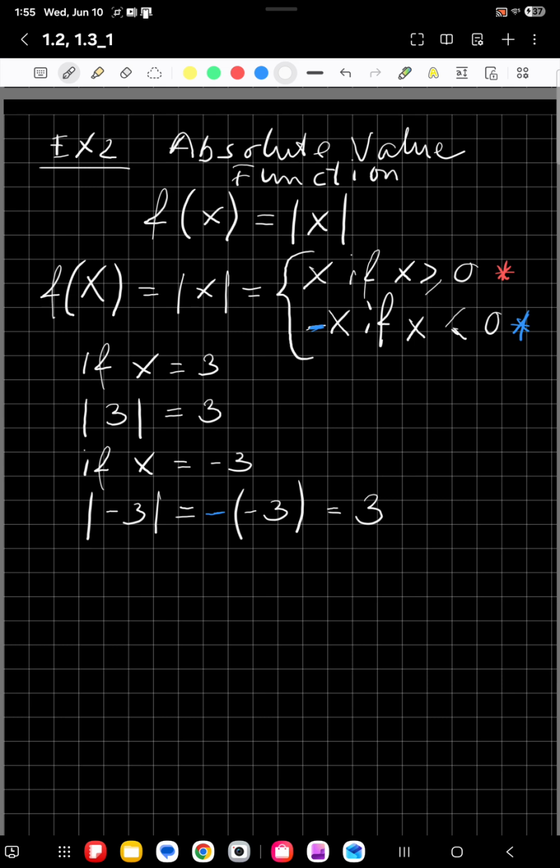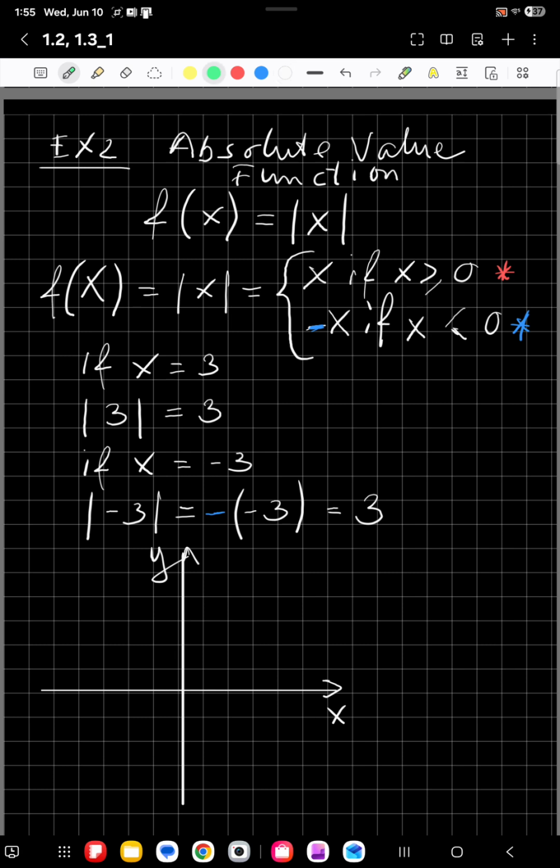Let's look at the graph. I don't know if you guys remember how to graph the absolute value function, but it goes something like this. We have the coordinate system xy, and we have x for x bigger or equal than 0.